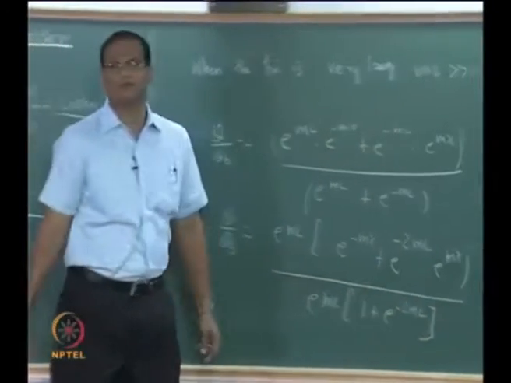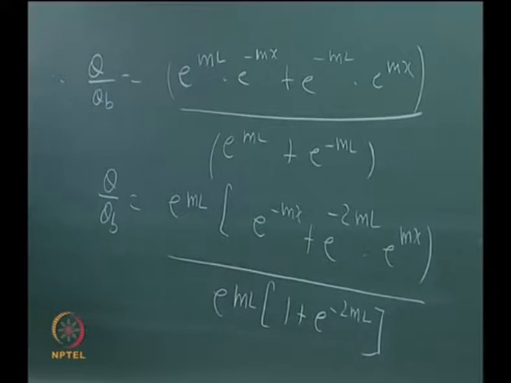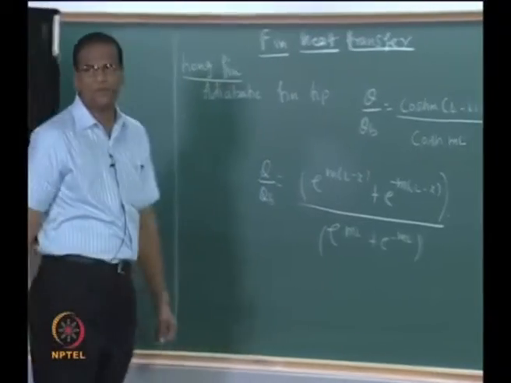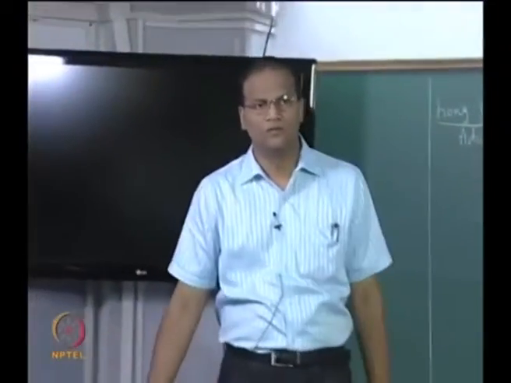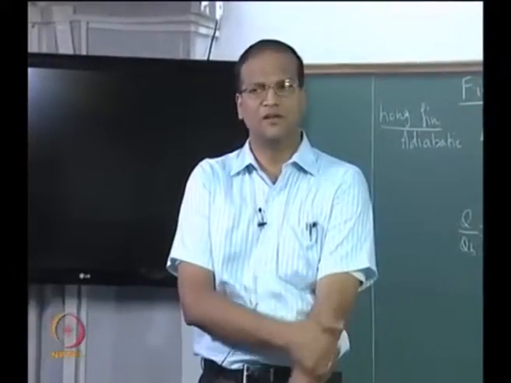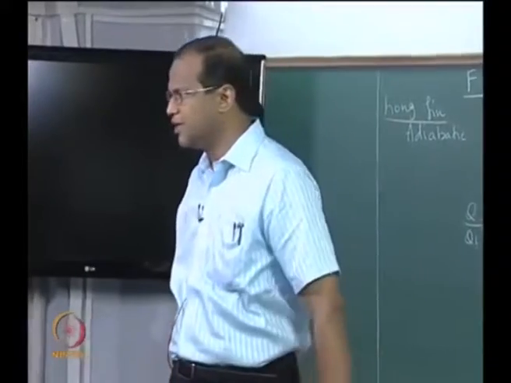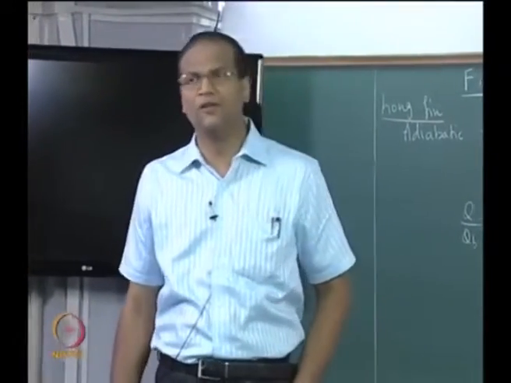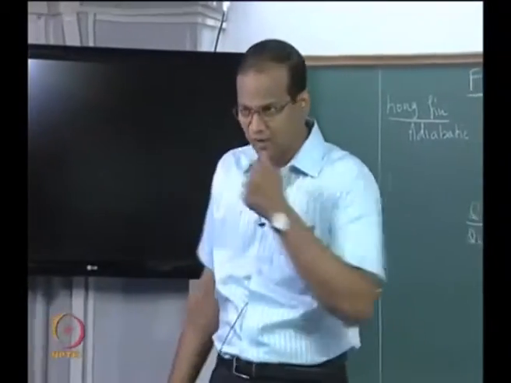Is it okay? So we will call this a long fin. What we are doing is to derive the expression for the temperature distribution as well as for the fin efficiency for the long fin; we first consider it to be an adiabatic fin tip and start working on it.